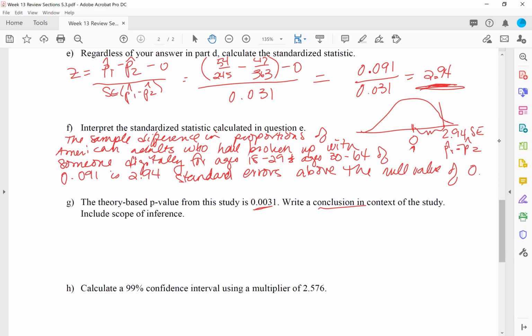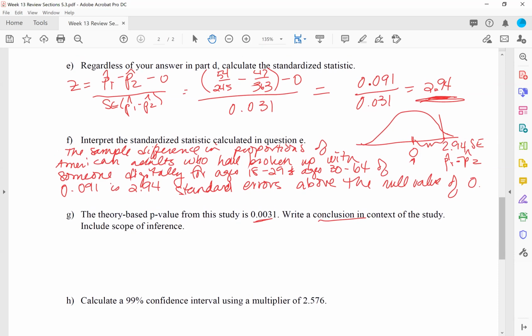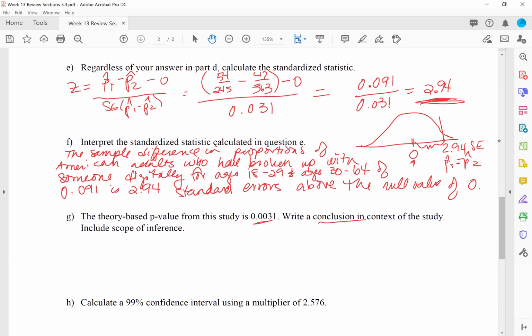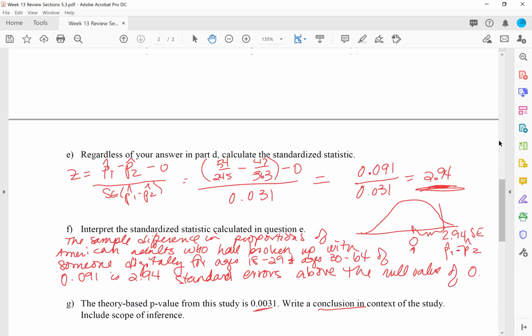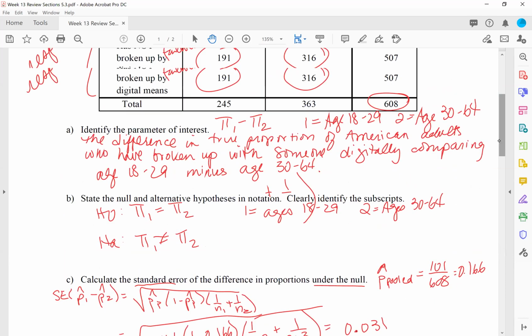It also says include the scope of inference. So let's think about what we would have here. Do we have random assignment? I don't think so. Okay, so our explanatory variable is the ages. And we obviously can't randomly assign people into age groups.